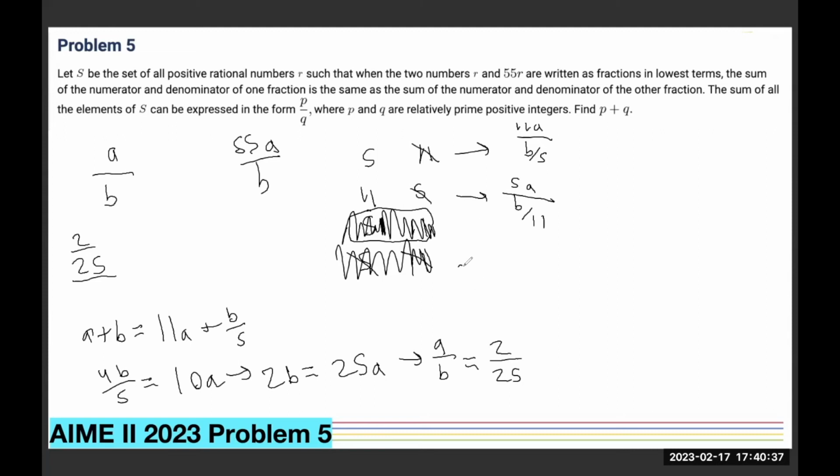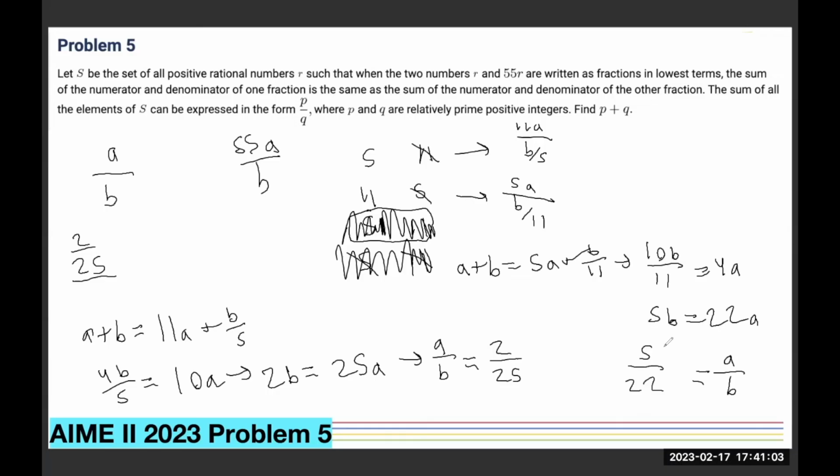So A plus B is equal to 5A plus B over 11. We solve this one, and we get 10B over 11 on the left side and 4A on the right side. We get 10B equals 44A, and when we divide, 5B equals 22A. Dividing again, A over B equals 5 over 22.